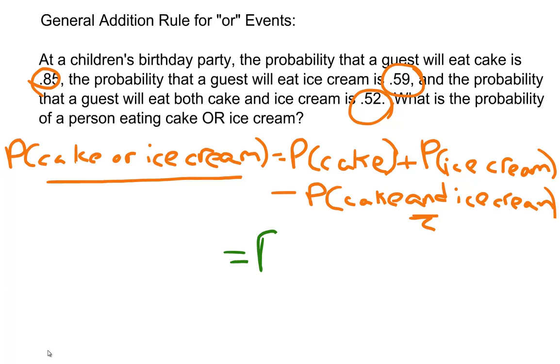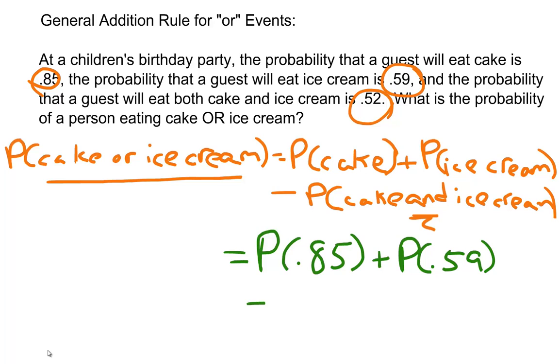Therefore, the probability is 0.85 plus 0.59 minus 0.52.